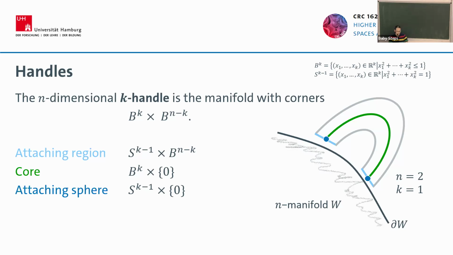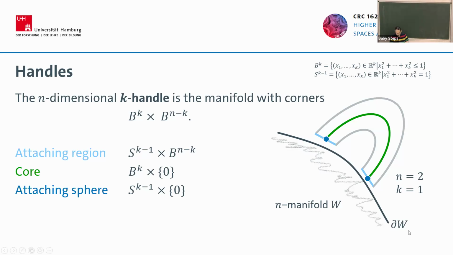So handles play for manifolds the same role that cells do in cell complexes. Along this analogy, a handle is a thickening of the cell that is its core. A core and the attaching region intersect in the so-called attaching sphere, and knowing where the attaching sphere, together with some framing data, is glued is enough to understand how the entire handle is attached.